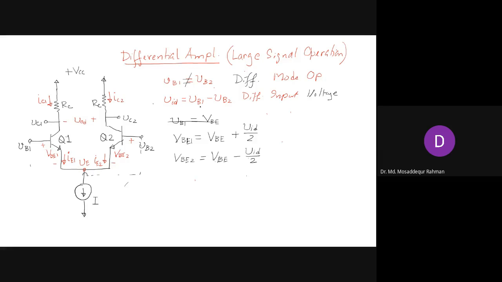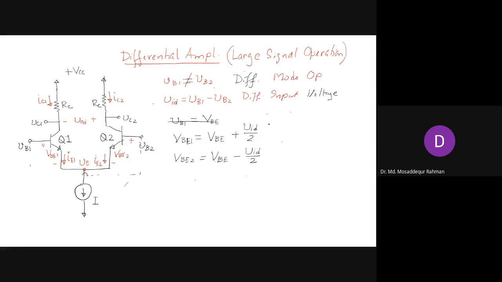So assuming that VB1 is greater than VB2, this voltage here is greater than this voltage. So the voltage VB1 will be greater than voltage VB2. Right? And then we can express this as VB plus VID by 2, and VB2 minus VID by 2.